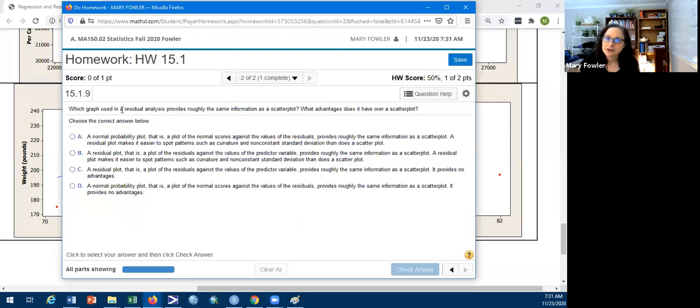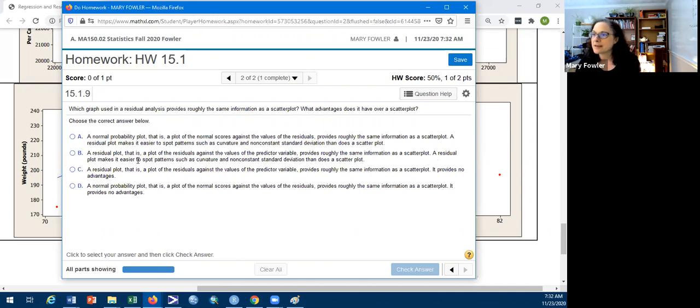Okay, and this is about the graph, okay? Which graph used in a residual analysis provides roughly the same information as the scatter plot, and what are its advantages over the scatter plot? So we're looking at residual plot, so it's going to be either B or C. A residual plot, that is a plot of the residuals against the values of their predictor variables, provides roughly the same information as the scatter plot.